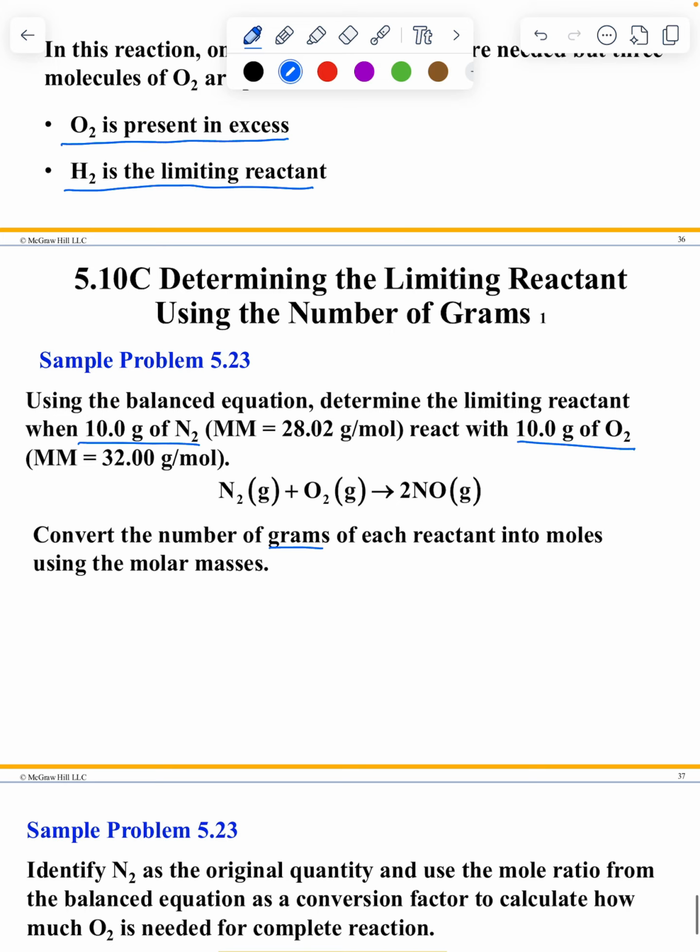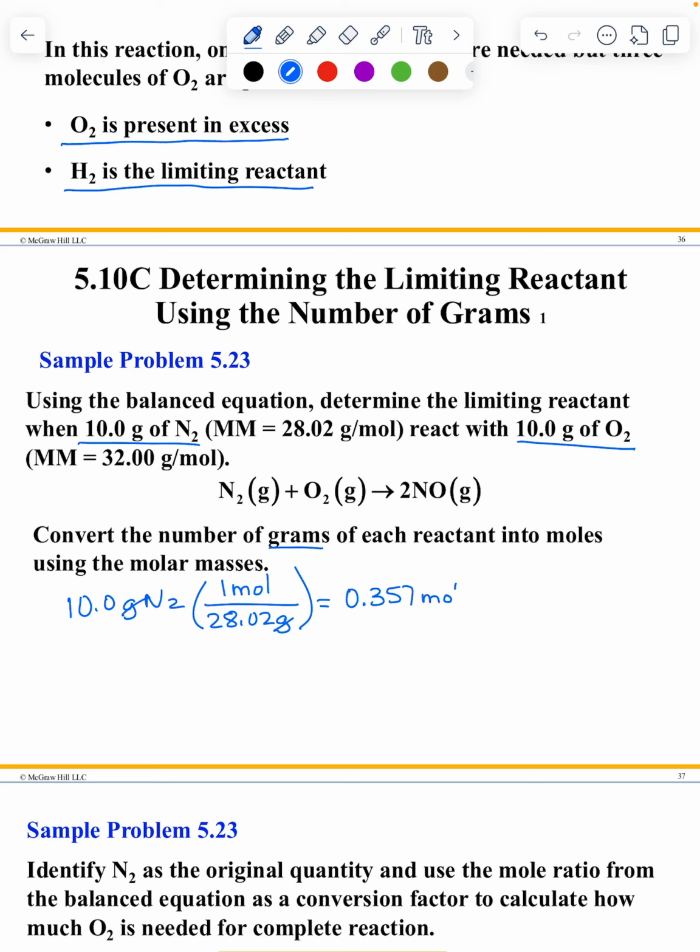We'd want to do the same for oxygen. We have 10 grams of oxygen gas. 1 mole is equal to 32 grams. Grams cancel, and that gives us 0.313 mole of O2.